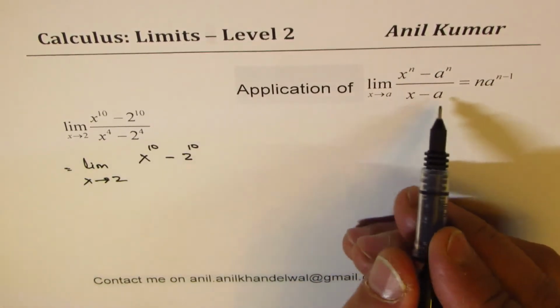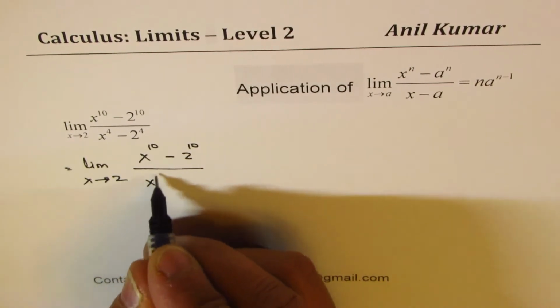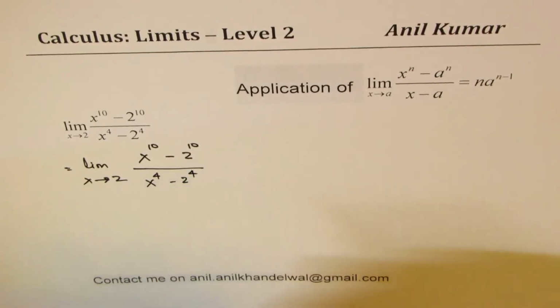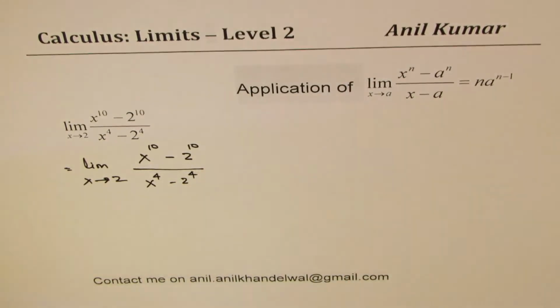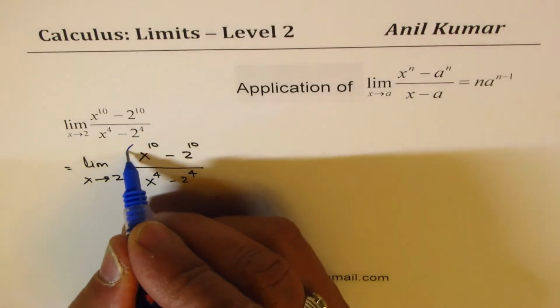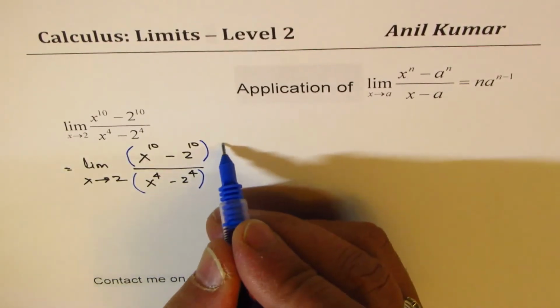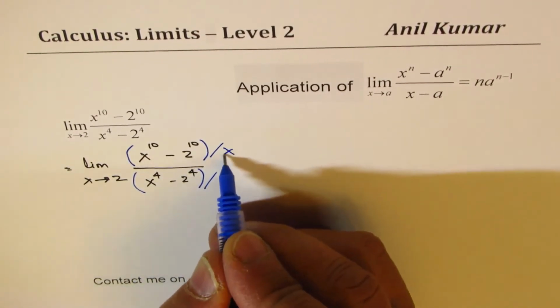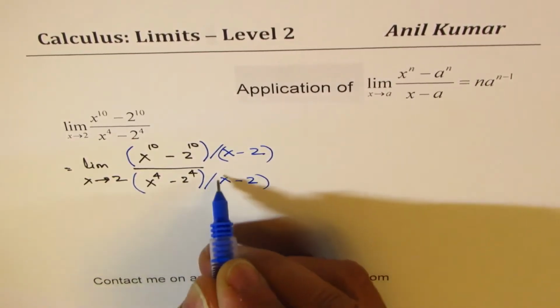But we do not have x minus 2, right? In the denominator, we have x to the power of 4 minus 2 to the power of 4. In the denominator, we do not have x minus a. So what we can do here is divide both numerator and denominator by x minus 2. Do you see that? We could do this.